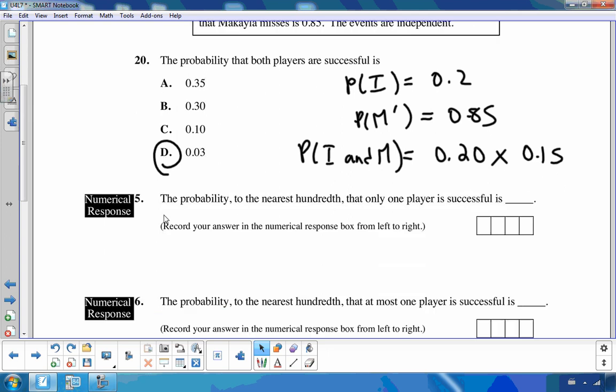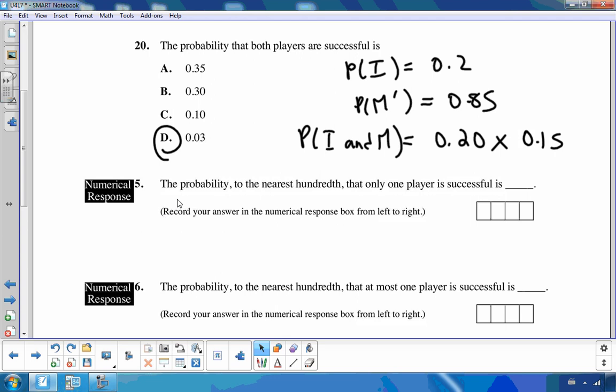Okay. Numeric response 5. The probability to the nearest hundredth that only one player is successful. So that could be the probability that Isabella is successful and Michaela isn't, or the probability that Michaela is successful and Isabella isn't.